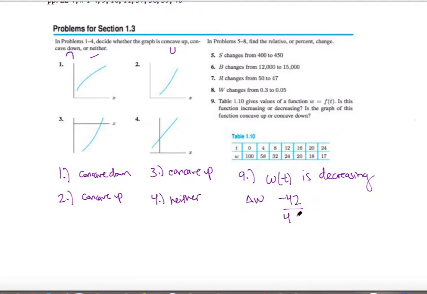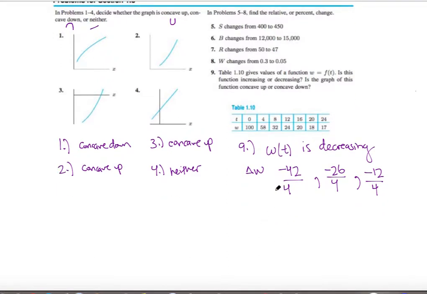All right, compare this to the next set, which would be from 58 down to 32, which is negative 26 in the next 4 seconds. Then compare this to the next part, which would be negative 12 in the next 4 seconds. And then negative 4, negative 2, negative 1. So you can actually see that the rate at which w of t is decreasing is itself decreasing, right?